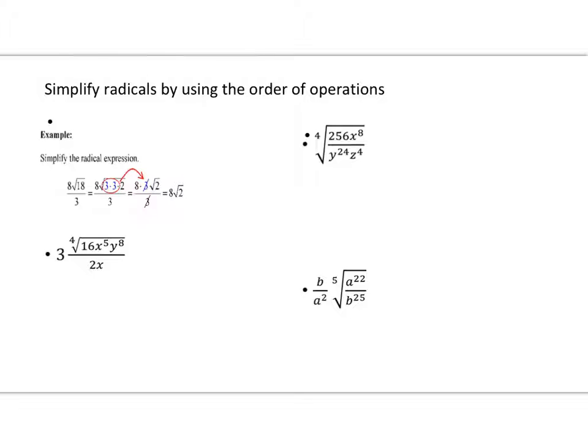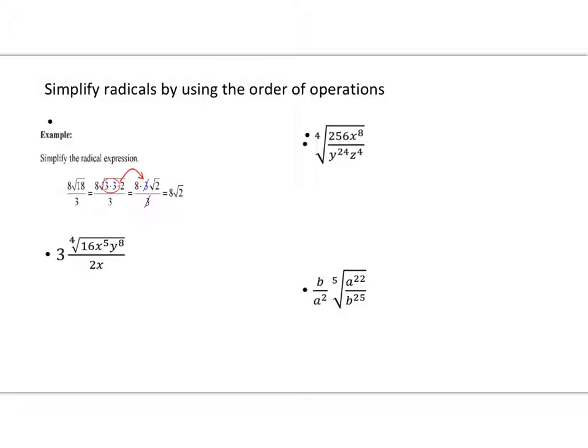We have the 8 outside the radical symbol, and we see that 3 times 3 times 2 is 18, so I can pull a 3 out of the radical symbol, and I get 8 times 3 over 3, but 3 goes into 3, and they cancel, and so I'm just left with 8 square root of 2. So that's how we're going to do most of these. We'll do some sort of order of operations.